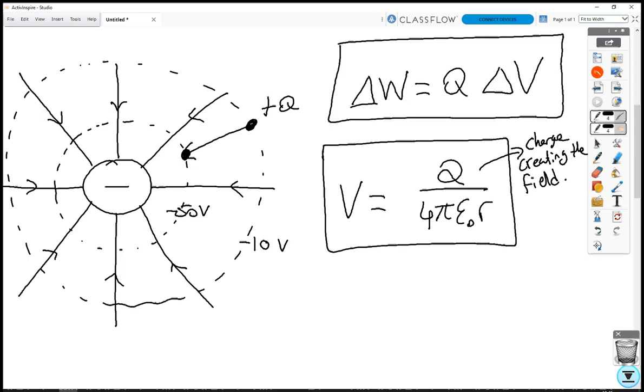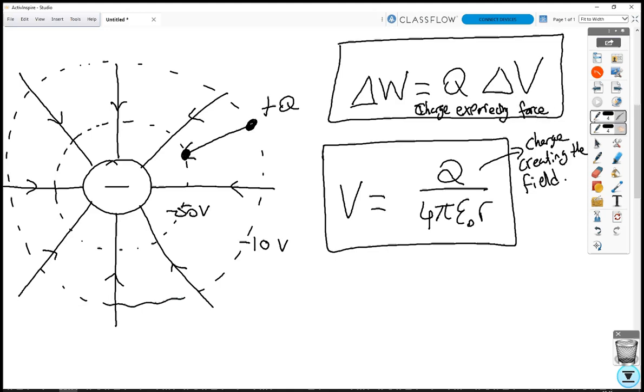And that's going to determine whether work has to be done on a positive charge or work is going to be done by the positive charge. This equation then links to the second equation. And here I'm going to make a note that this value of Q is the charge experiencing the field, or the charge experiencing a force in the field.